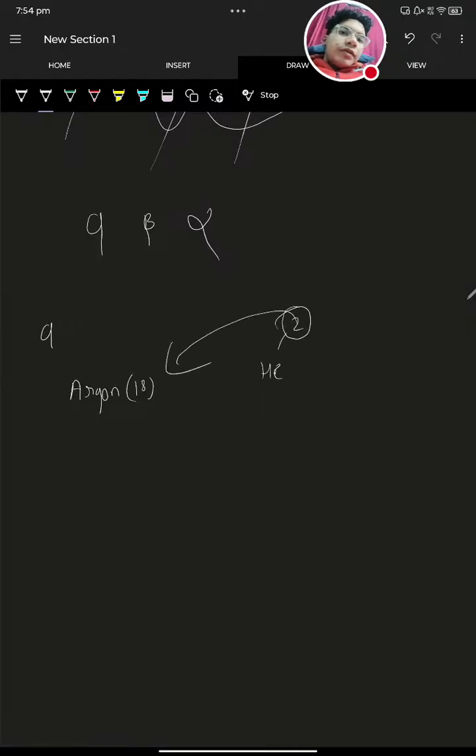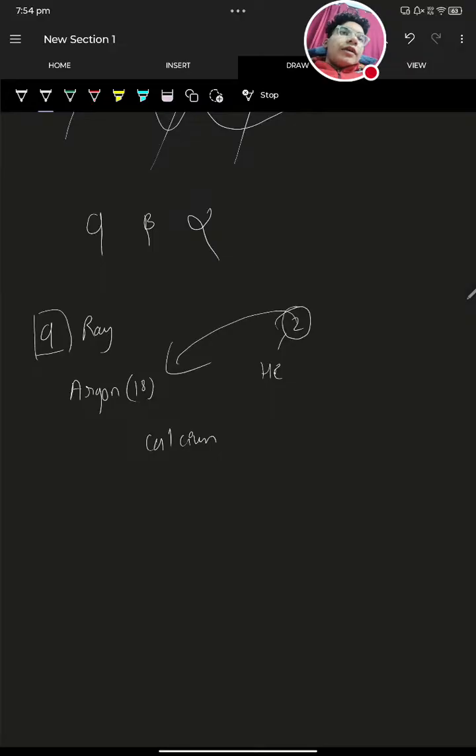Now helium gives to this, and argon would change to your calcium.